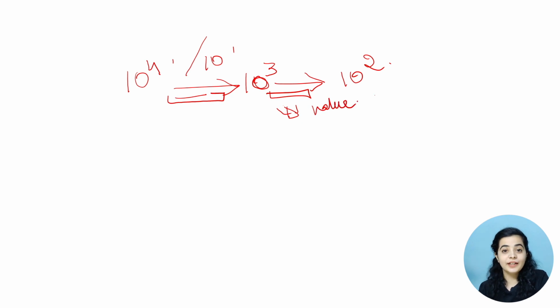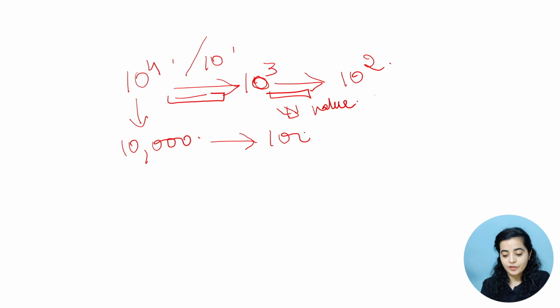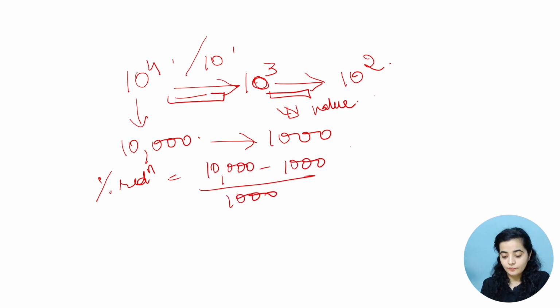And how do we get that 90% reduction? For example, in case of 10 raised to power 4, we have this number. It is being reduced to 10 raised to power 3. So what is the percentage reduction in this? We get 10,000 minus 1,000 upon 10,000 into 100.